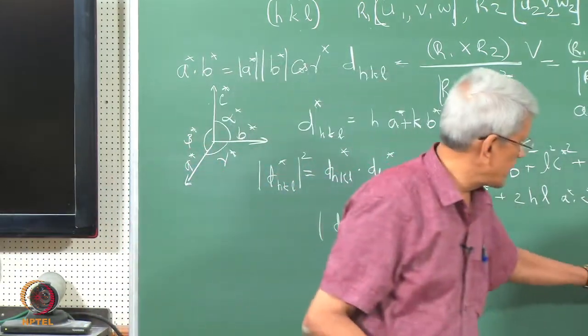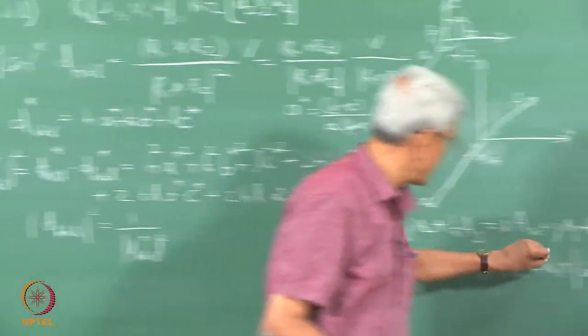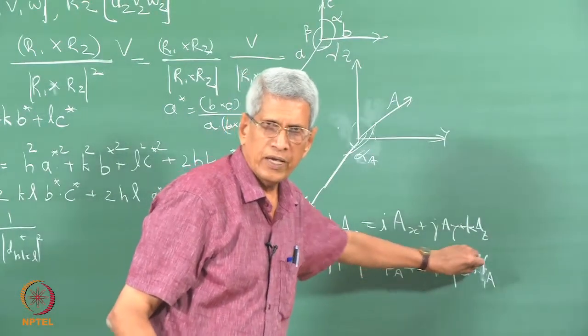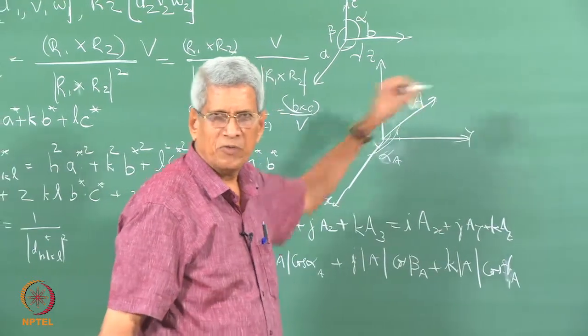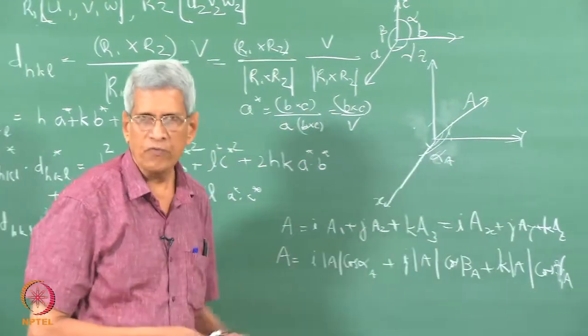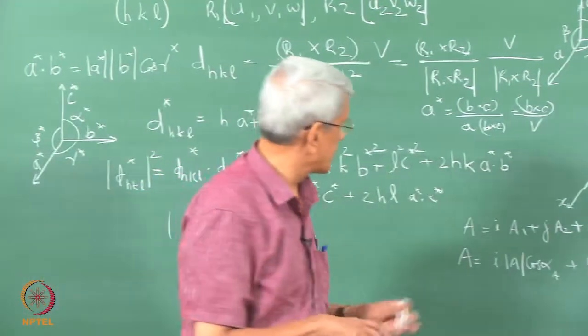In this representation, the magnitude is a scalar quantity, and the angles which the vector makes with the various axes give this form.